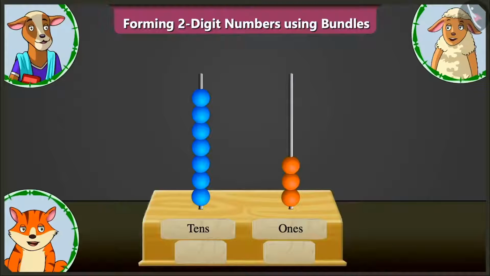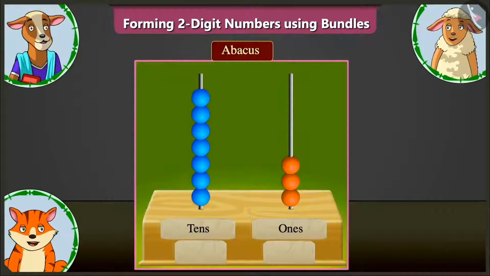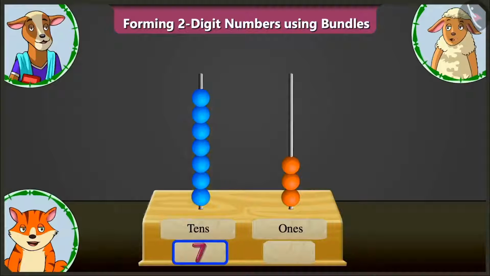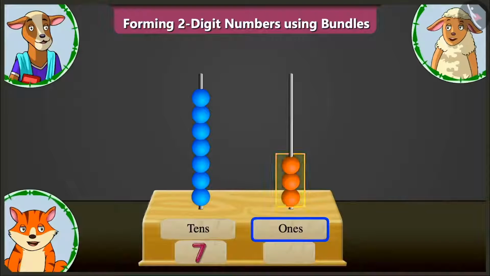Lily, you tell us. In the abacus given here, in the tens box there are 1, 2, 3, 4, 5, 6 and 7 beads. So in the tens box we have to write 7. Very good. Now in the ones box in the abacus there are 1, 2 and 3 beads.